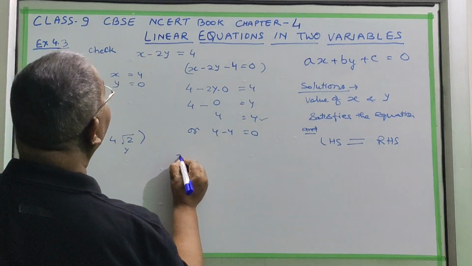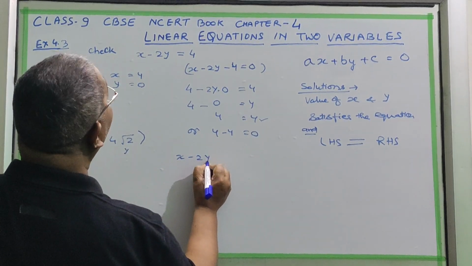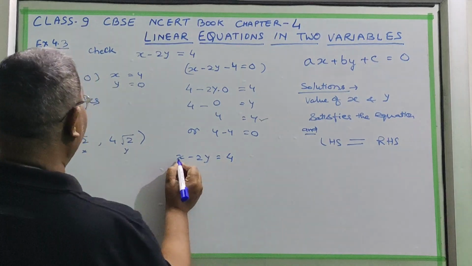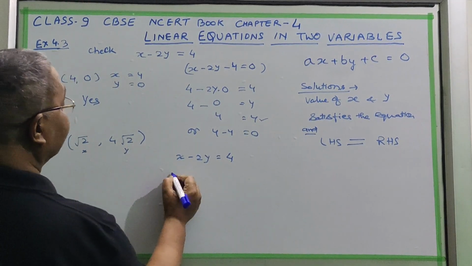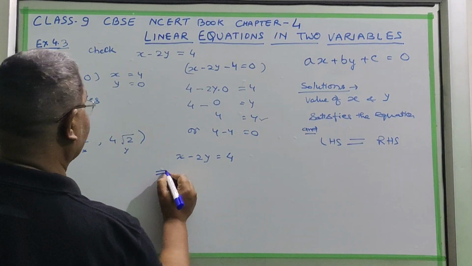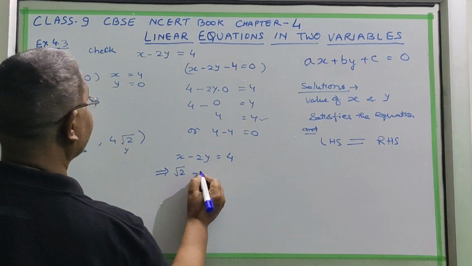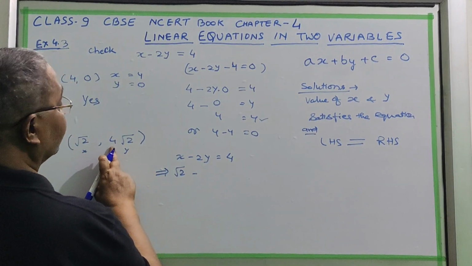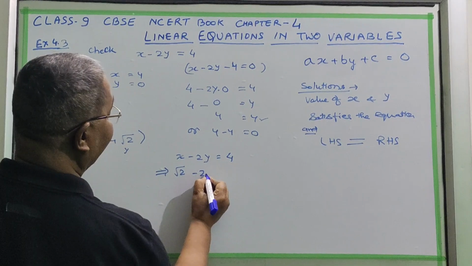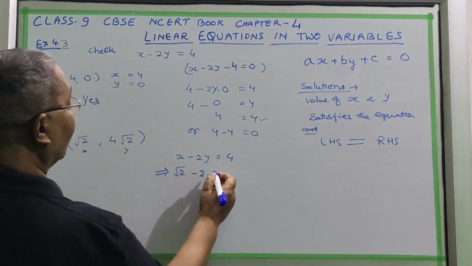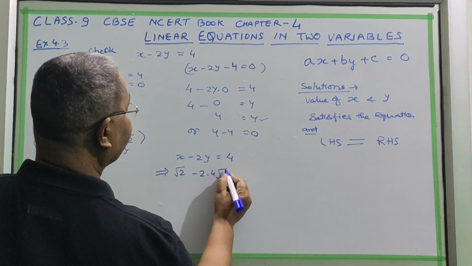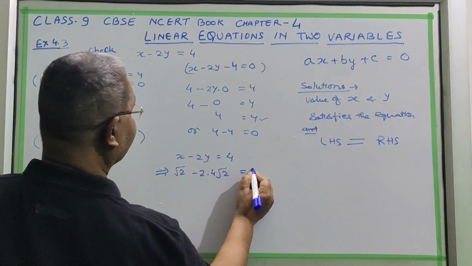Your equation is x minus 2y is equal to 4. We put x value, under root 2, minus 2 multiplied by 4 under root 2, is equal to 4.